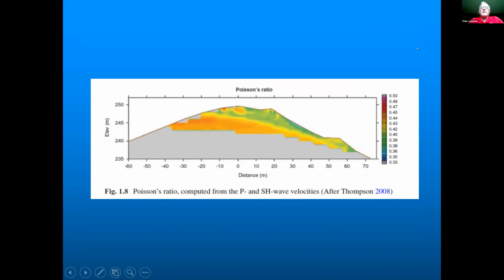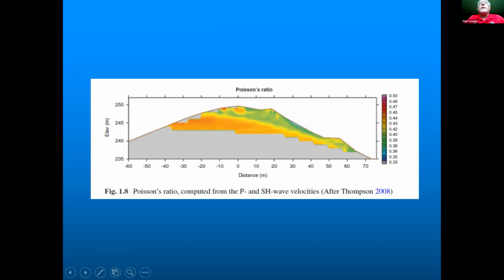Then you could take the P wave and S wave velocities and compute Poisson's ratio, which is kind of interesting. For normal rocks, Poisson's ratio is about 0.25, but here it's much higher.